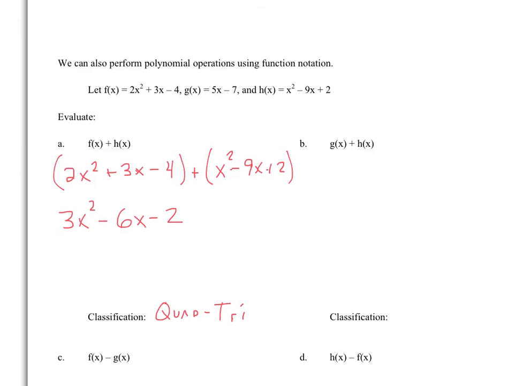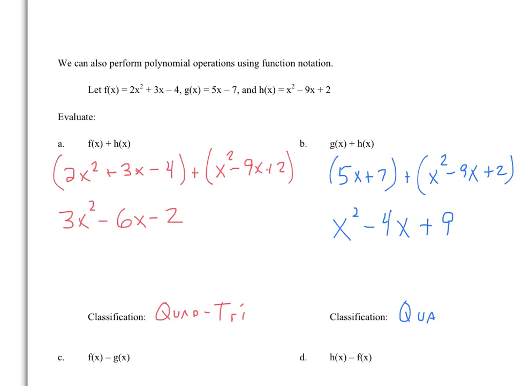G of x plus h of x, so that would be 5x plus 7 plus x squared minus 9x plus 2. So there's a positive x squared. 5x plus a negative 9x is negative 4x. And 7 plus 2 is 9. So again, this ends up being a quadratic trinomial.